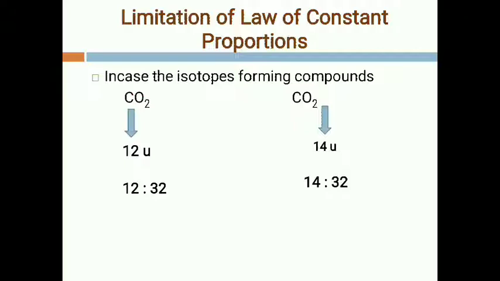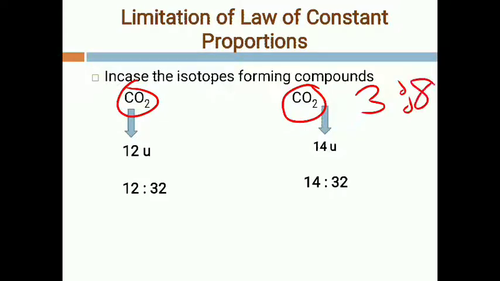Then another limitation is about isotopes. Isotopes are atoms of the same element with different masses. So we can have two types of carbon dioxide. Earlier I told you that in carbon dioxide, carbon and oxygen are always present in the ratio 3:8.